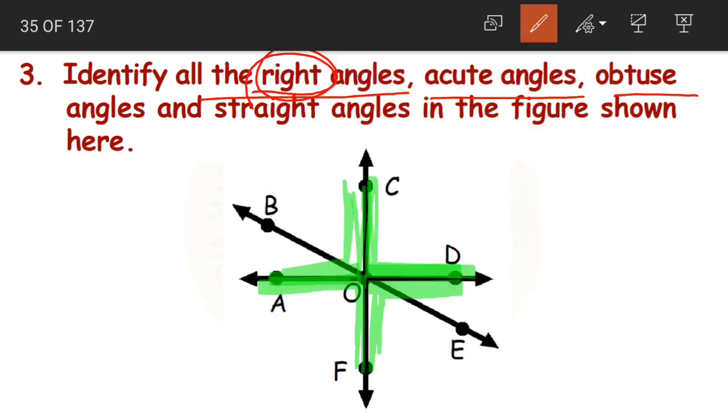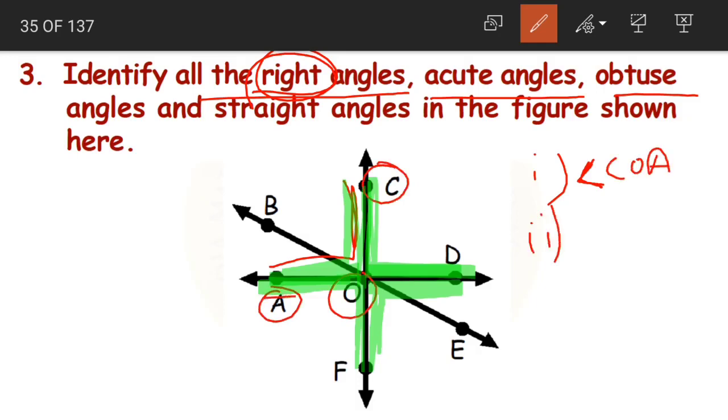And how do we write the angle names, children? First we have to put the angle symbol. And what are the things to remember? That the vertex should be in the middle. The alphabet representing the vertex should be in the middle. Now coming to this one, we have angle COA. Coming to the second angle, this one, angle AOF.